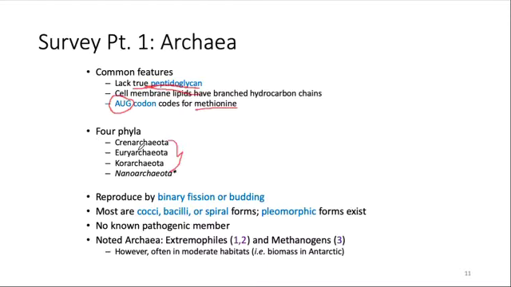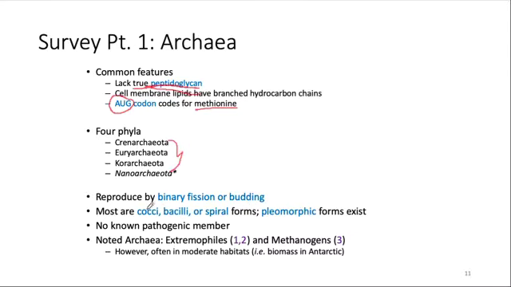And so there are 4 phyla, that's the plural. We will basically concentrate on the first 3, the Crenarchaeota, Euryarchaeota, and Korarchaeota. They reproduce by binary fission or budding.